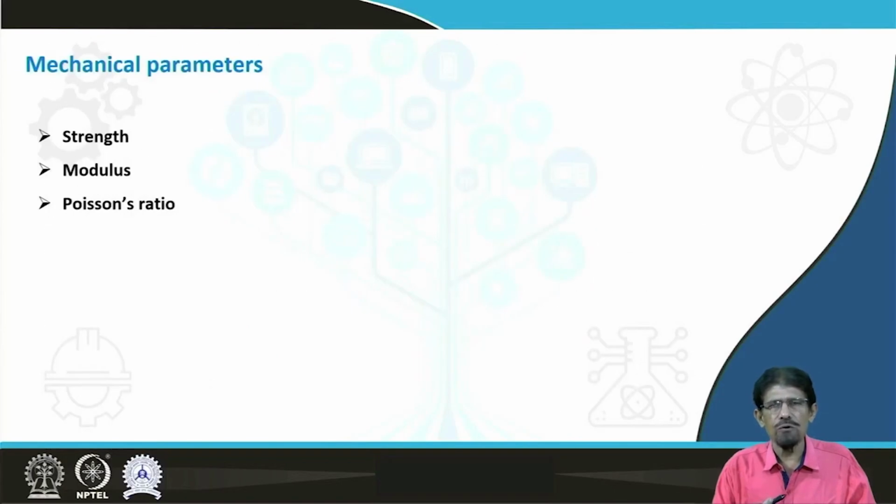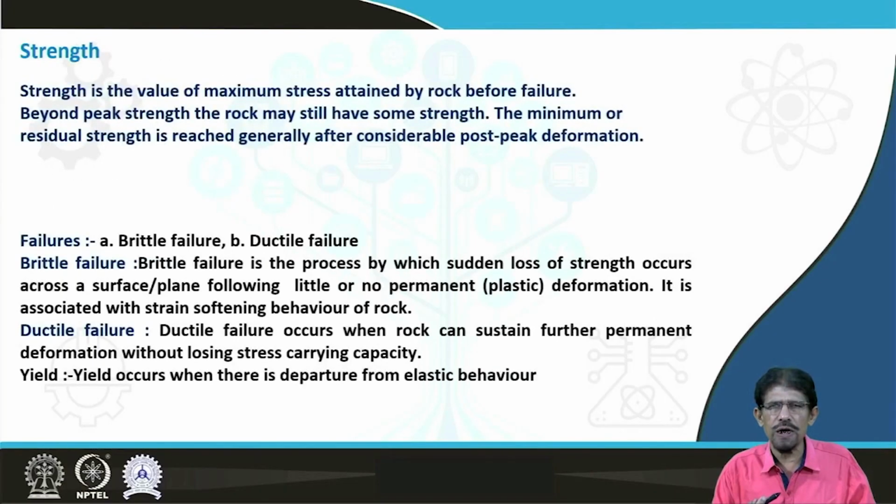The mechanical parameters are strength, modulus and Poisson's ratio. This Poisson's ratio is named after Sir Poisson. Now, about the strength, we can say that the strength is the value of maximum stress attained by a rock before failure.